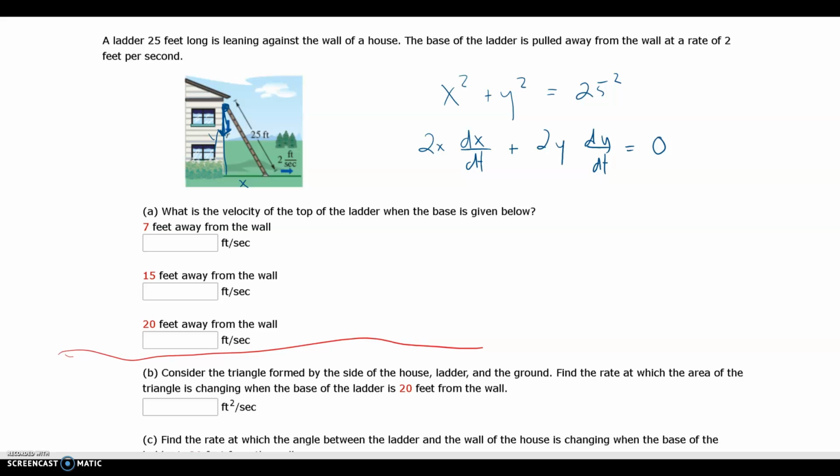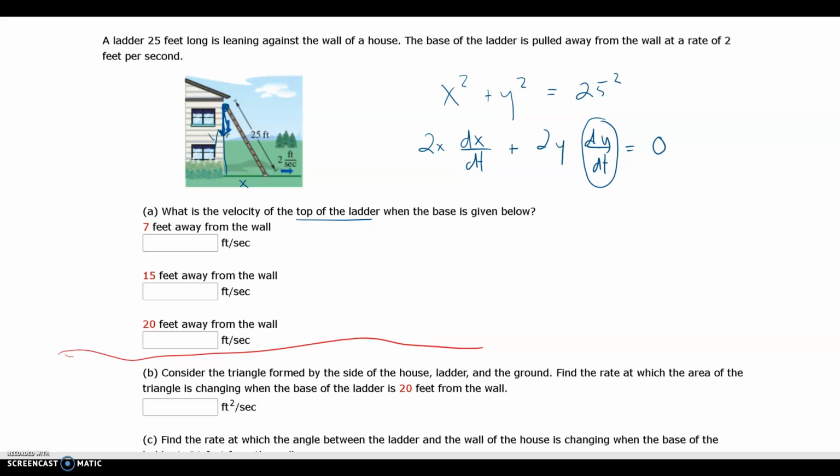The derivative of 25 squared is 0, constant. And then we're just going to plug in the values in order to find what they're asking for, which should be dy/dt. That's the velocity of the top of the ladder, how fast it's moving. So we should have enough information to answer the question.